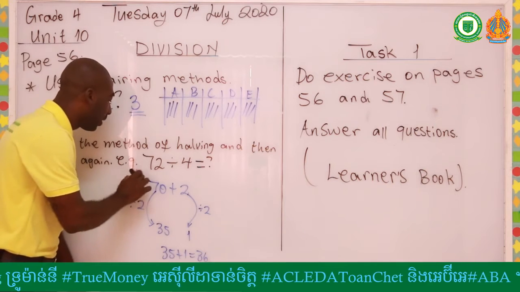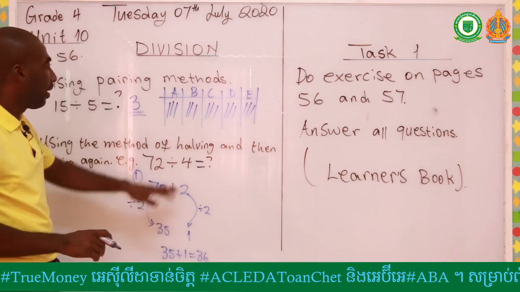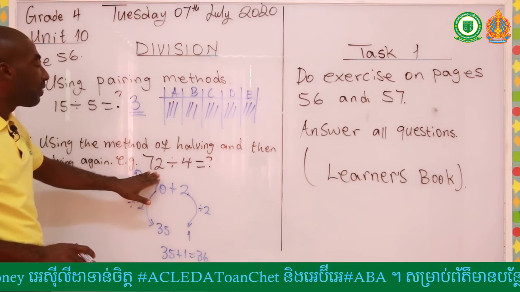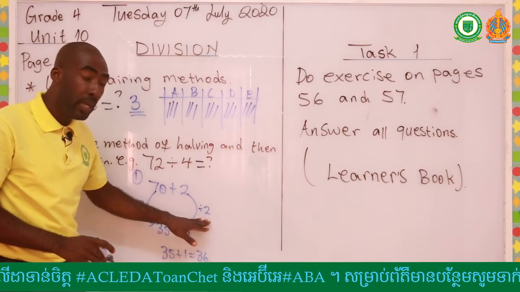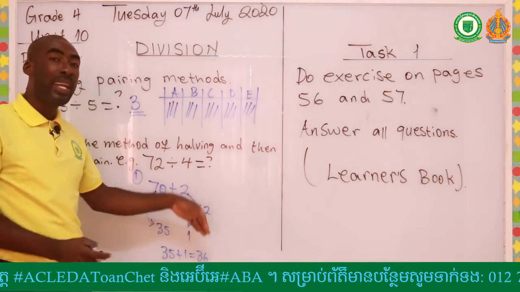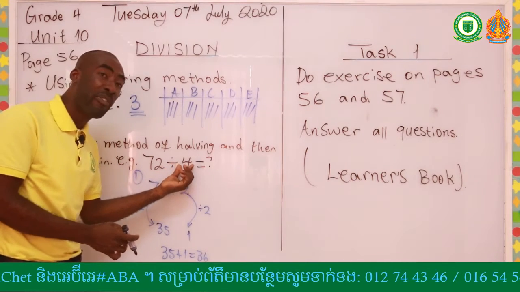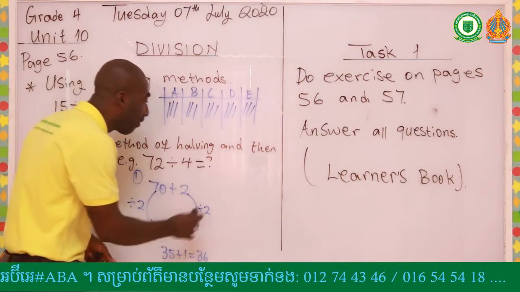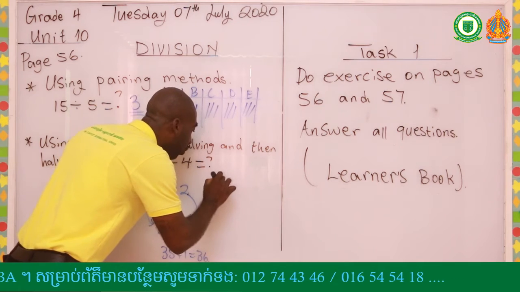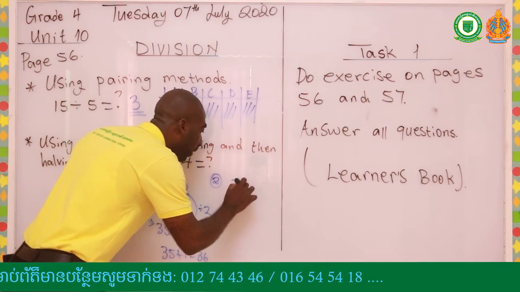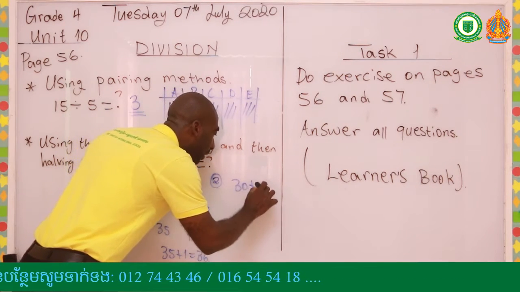This is only step 1, because 4 people are going to share 72, not 2 people. That means we have dealt with half of the 4, and we have to bring the other half of 4. So step 2 is going to be 30 plus 6.